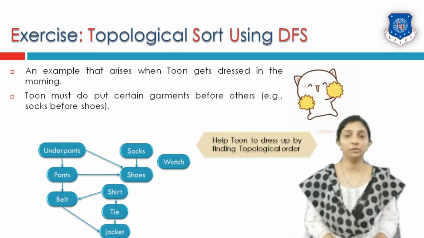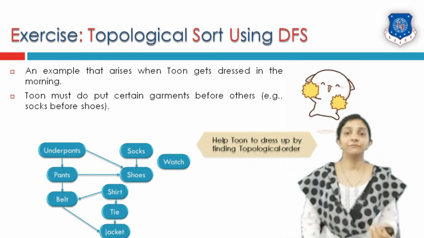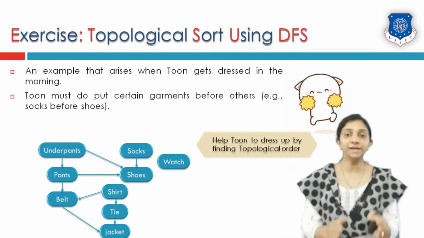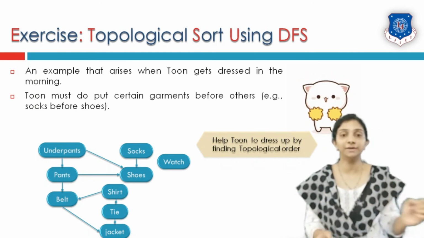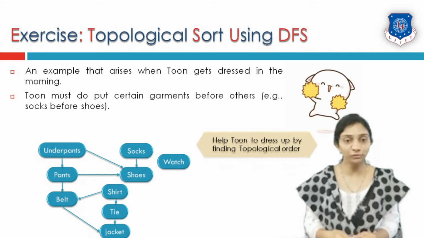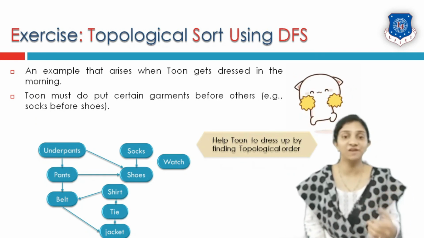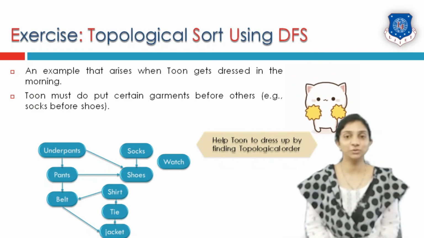So you have to help Toon get dressed. How would you help him get dressed up? By finding a topological order. That means you have to find a linear order in which Toon has to dress up, a serial order in which he puts on the garments. I hope you get a clear answer to this question.